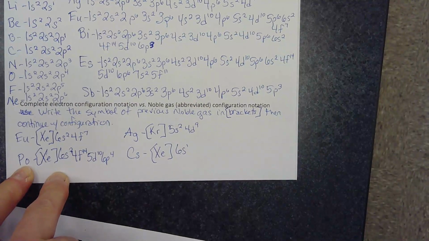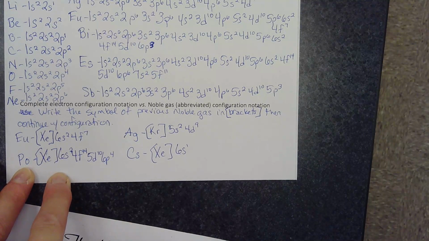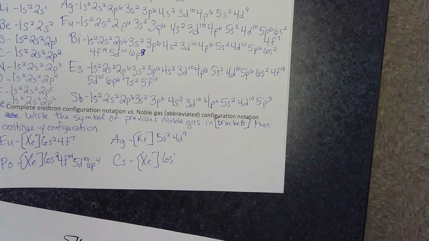Don't write it again. So when you look at your Achieve homework and it says do the noble gas configuration, if you pay attention, it says Xe or Kr or whatever, you just proceed from there. Don't put it in brackets again. It's already there. That messes people up.